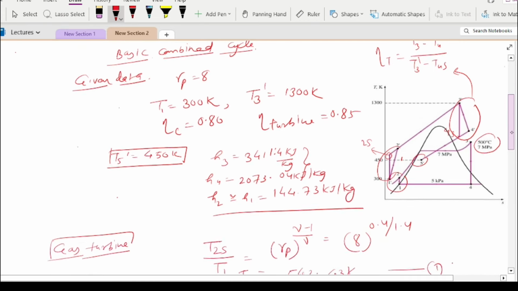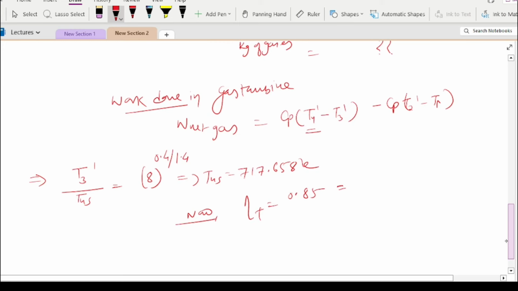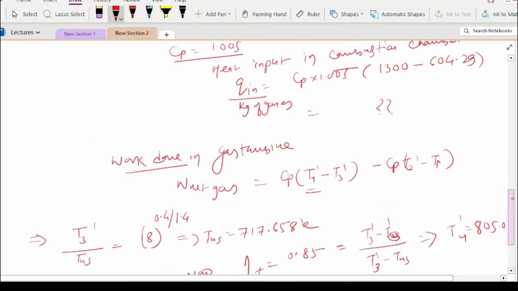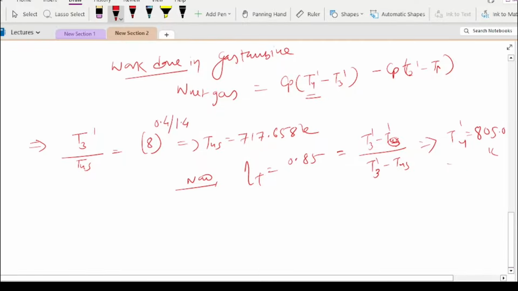From this equation we can obtain the value of T4 dash, where this is T4 dash and this is T4s. From this, T4 dash can be obtained as 805.014 Kelvin. Now we have the value of T4 dash.